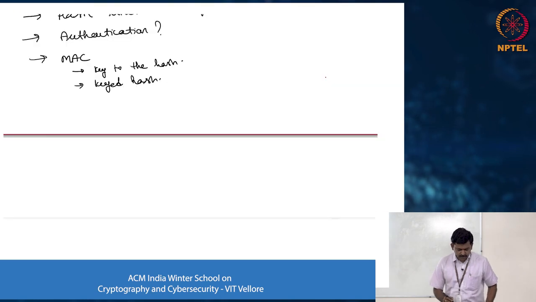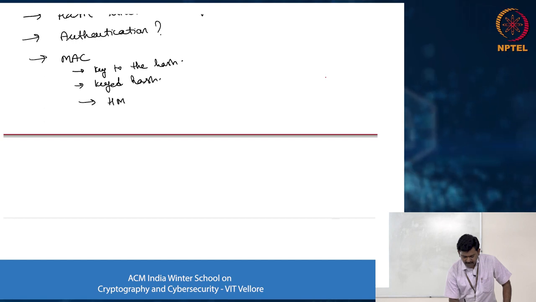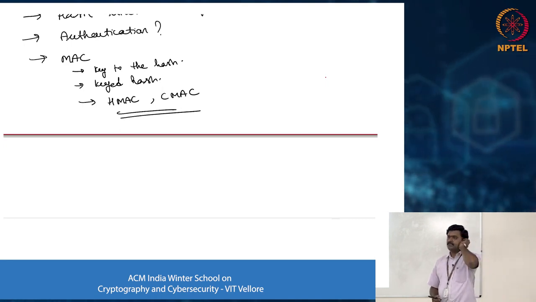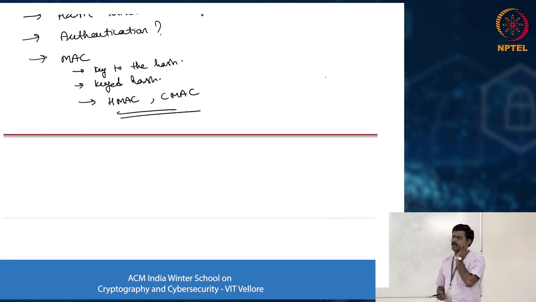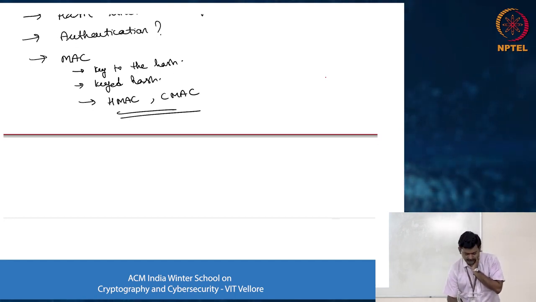So there are two types of creating MAC functions: hash-based MAC codes and cipher-based MAC codes. Okay, you can go back and check how you can create hash-based MACs and cipher-based MACs, right?